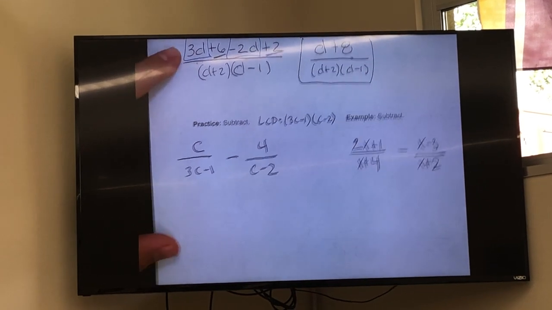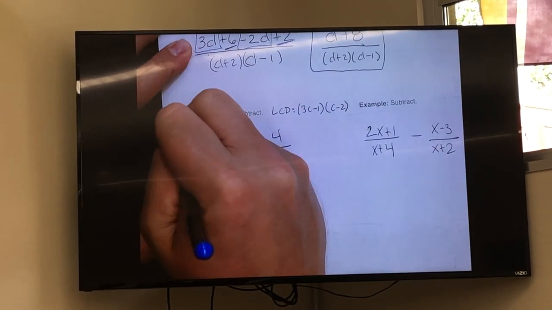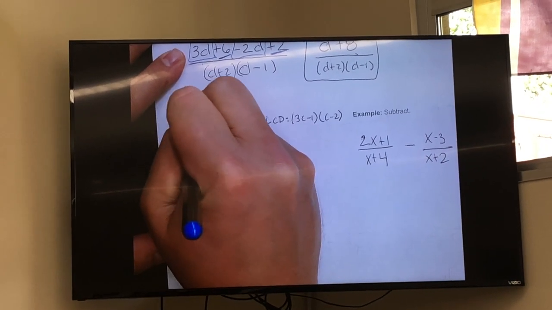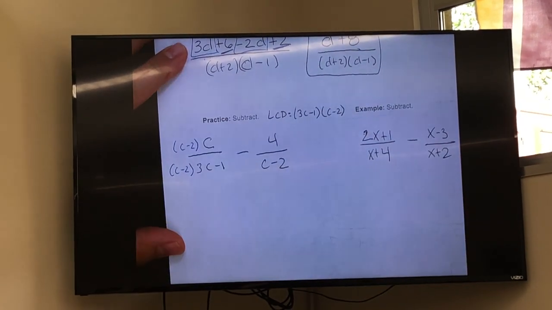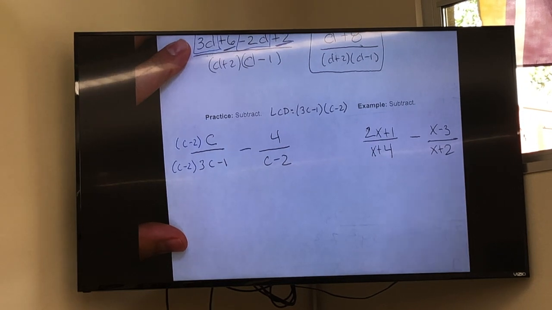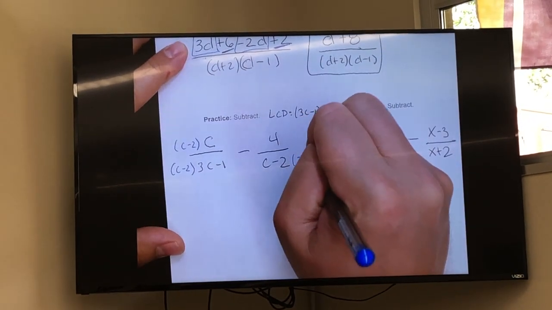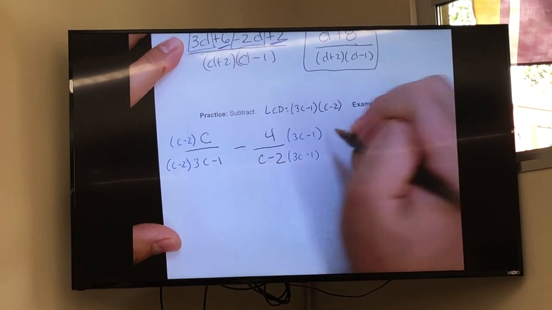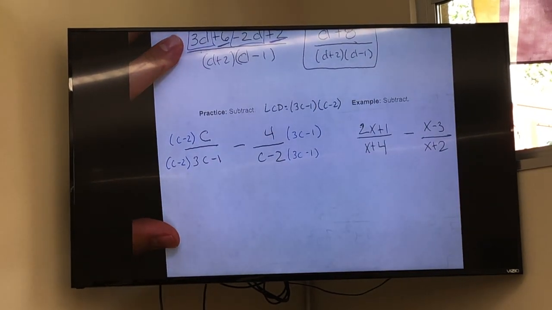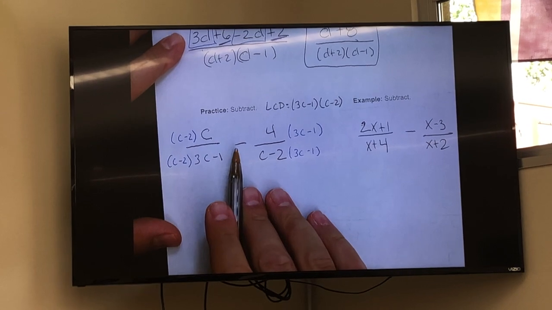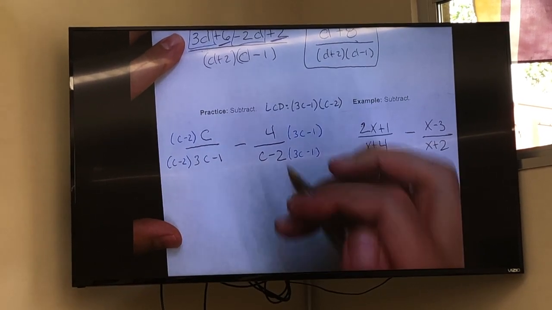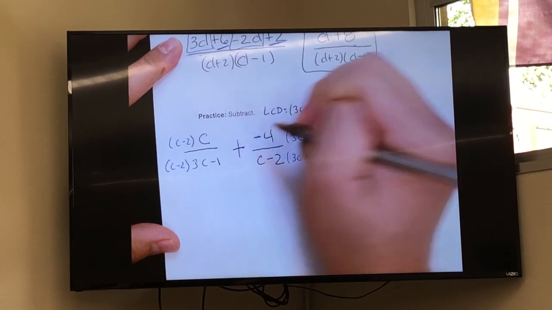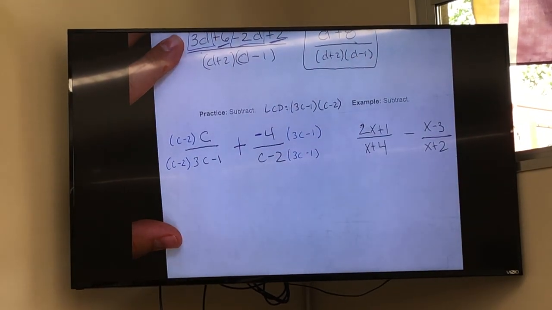So the left one needs the c minus 2 and the c minus 2. And our right one needs the 3c minus 1 and the 3c minus 1. Okay, remember we're going to get rid of that negative sign by distributing it. So we're going to change this into a plus and making this become our negative 4.